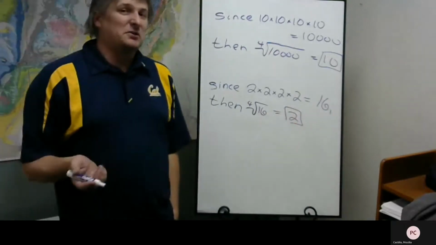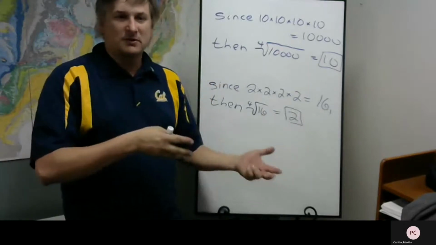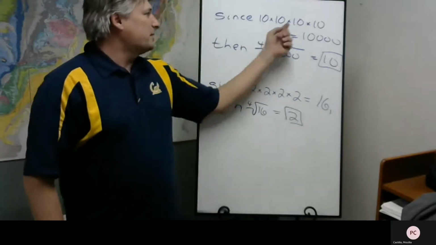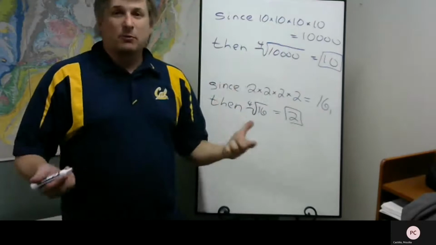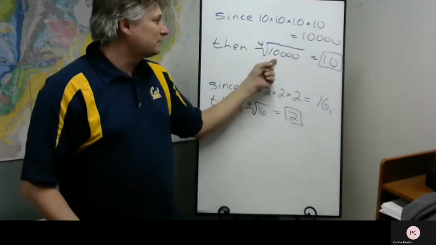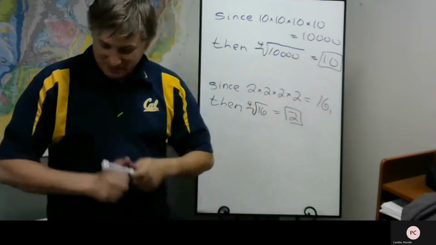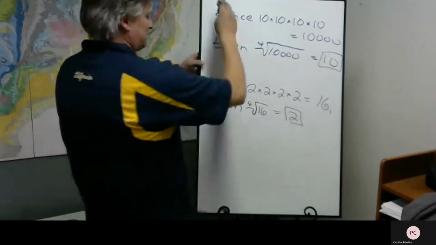So this is the idea of roots. It's figuring out when we have the same number multiplied to itself. If we have 4 of these, they're going to act as a fourth root. And the product, if we take the fourth root of that product, well, we get that base number that we were working with. So I'll do one more, a couple more.